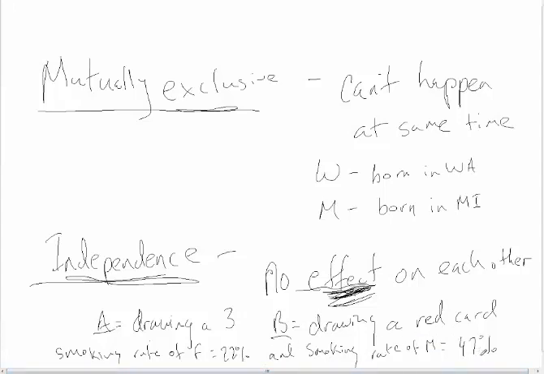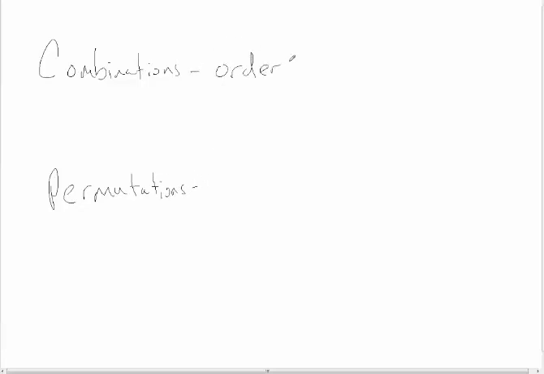Okay? So those are two concepts that you should be aware of in terms of probability. And then the last thing to talk about is counting principles. So combinations, permutations. And the main thing here is that for combinations order does not matter, and for permutations order matters.